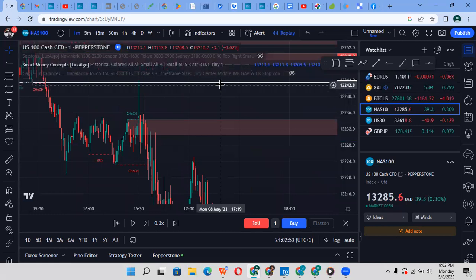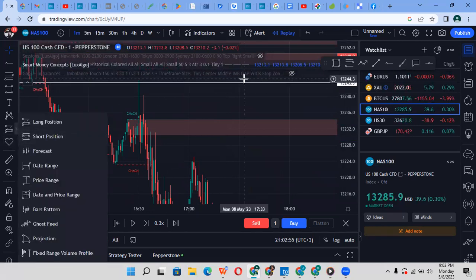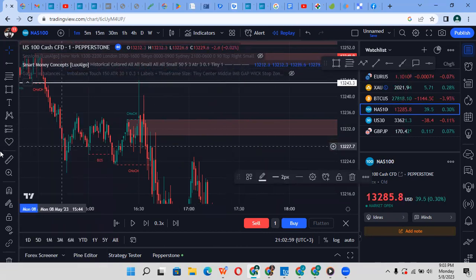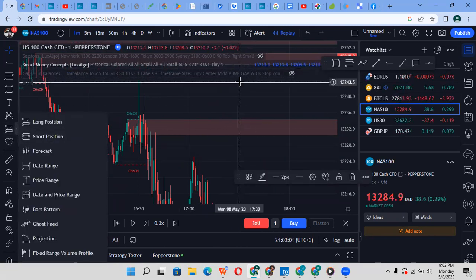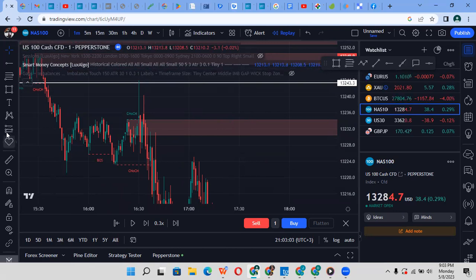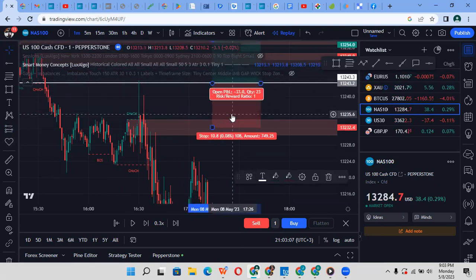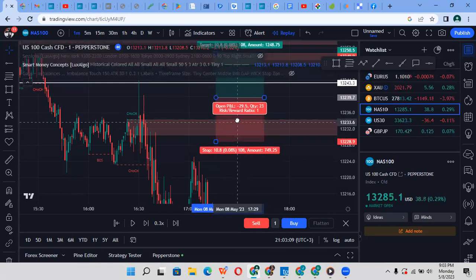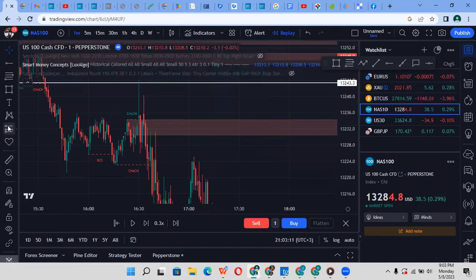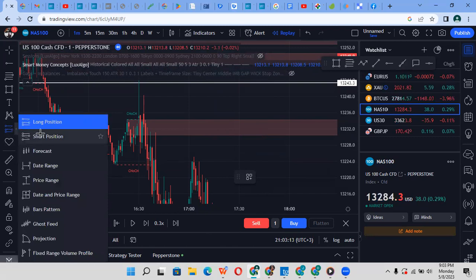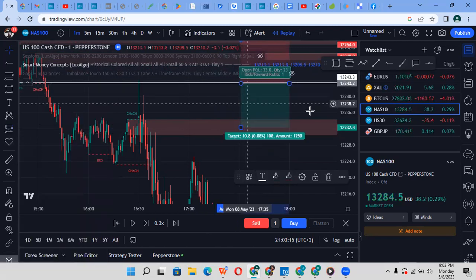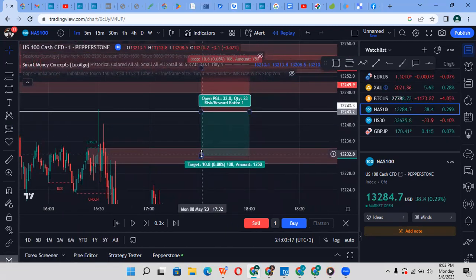So I had a sell limit that was positioned here, a short position. For Nasdaq, I usually go for a stop loss of 20 pips and a take profit of 40 pips.